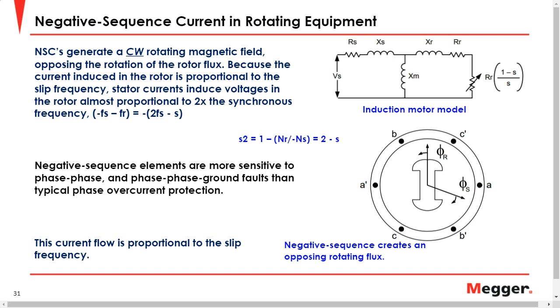Traditionally, imbalance is defined by doing very simple math, using simply the magnitudes of, let's say, voltages or currents. You average the voltages on the three phases.